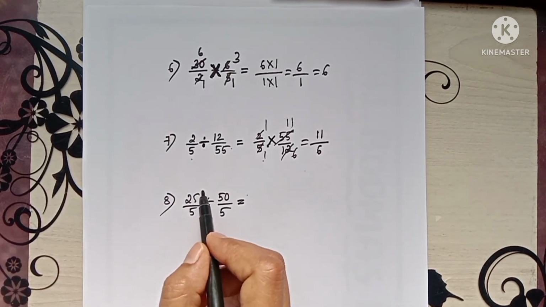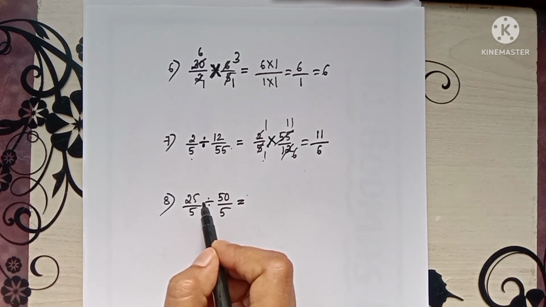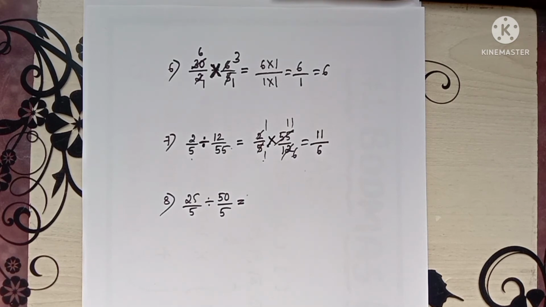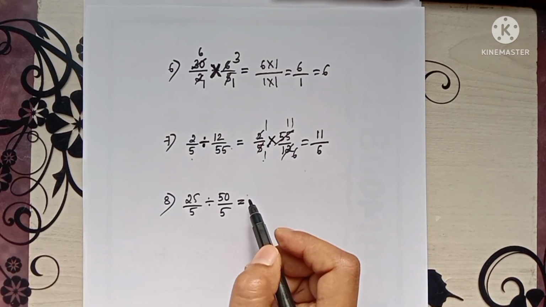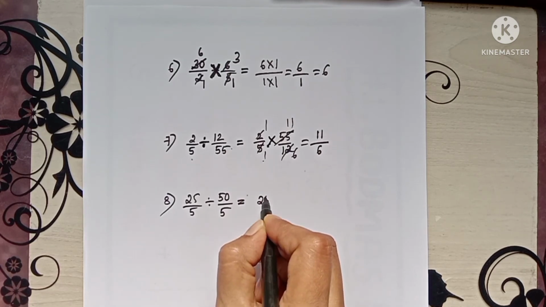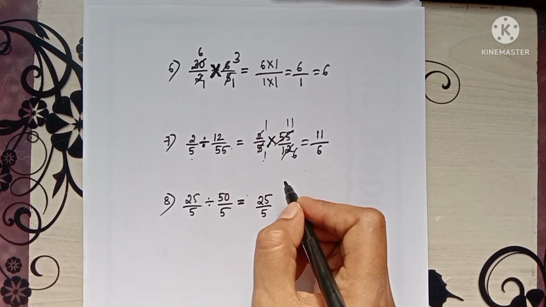Here 25 divided by 5 divided by 50 divided by 5. Here division sign is there means what we have to do? We have to write the first term as it is. Okay, then what we have to do?